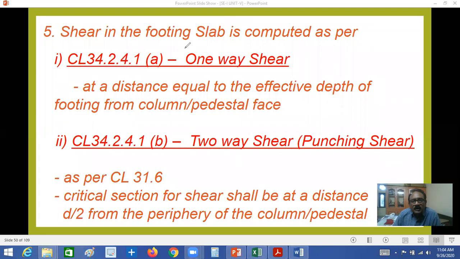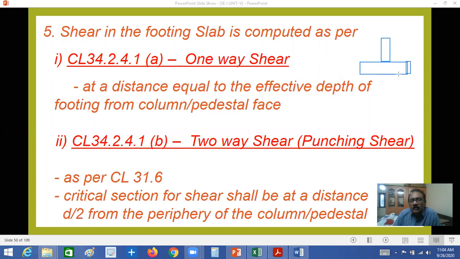If you see, suppose this is a footing, right? This is your column. Assume this is a symmetric column, here up to here.